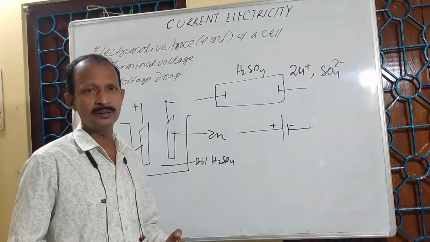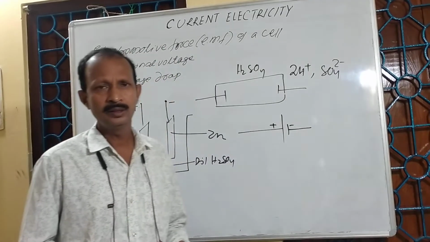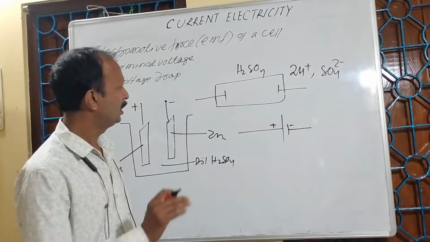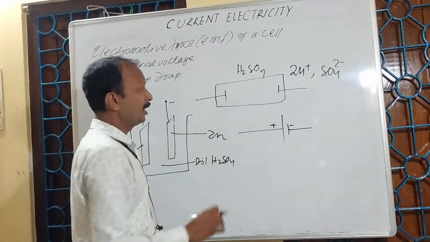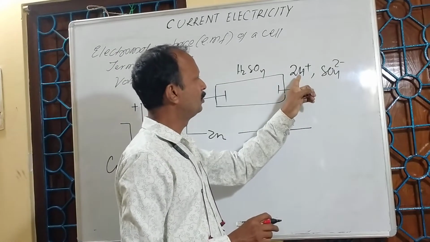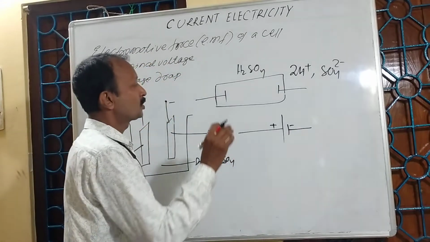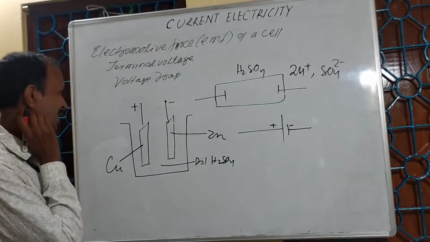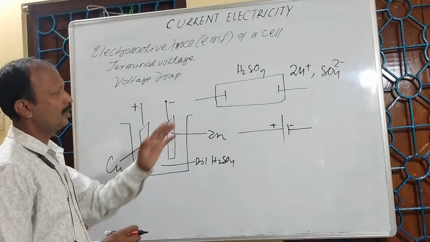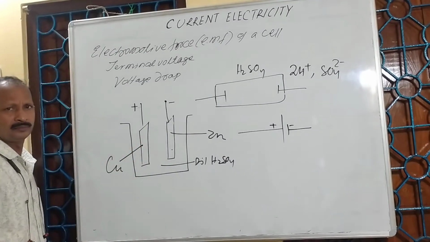As a result, the cell is able to supply energy to the charged particles to move. Sulfate ions move towards the zinc, whereas the hydrogen ions move towards the copper rod.